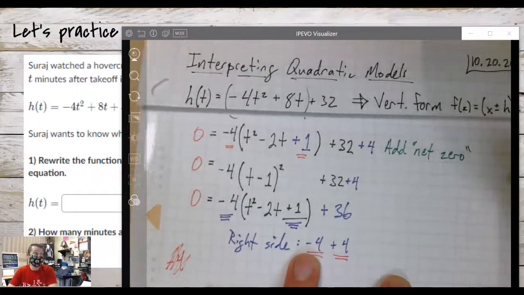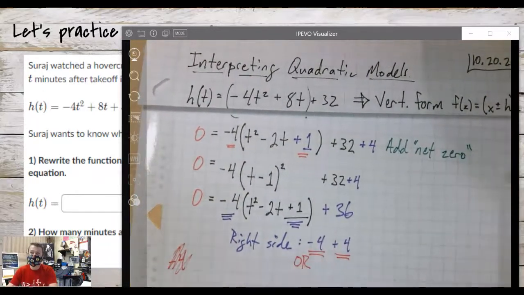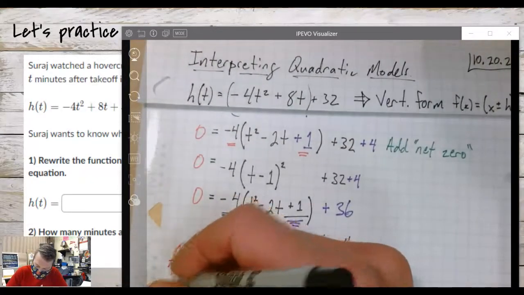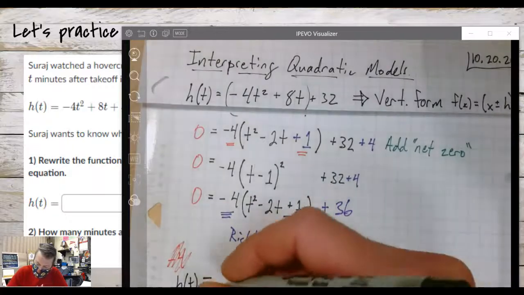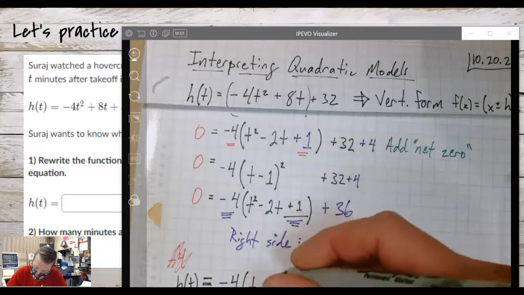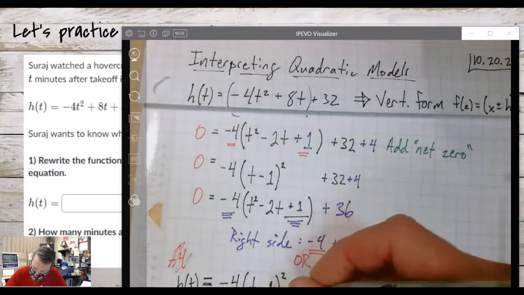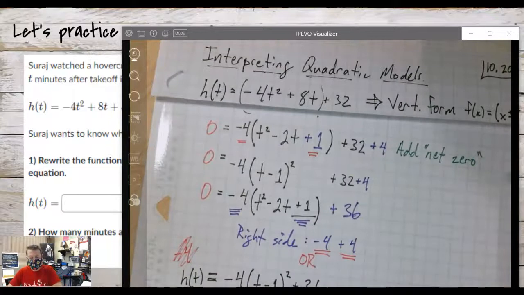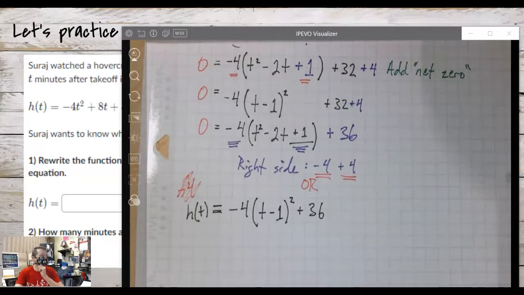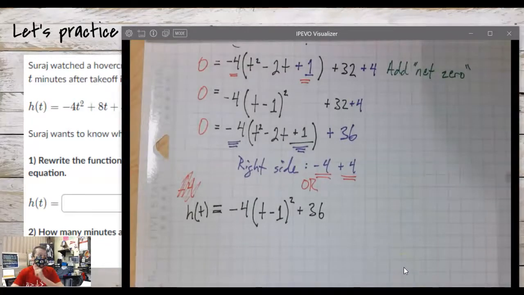We added a couple things, but when we put them together, the net was 0. And the reason we did all that was so now we can write it as h of t is negative 4 times (t minus 1) squared plus 36. And that is our vertex form.